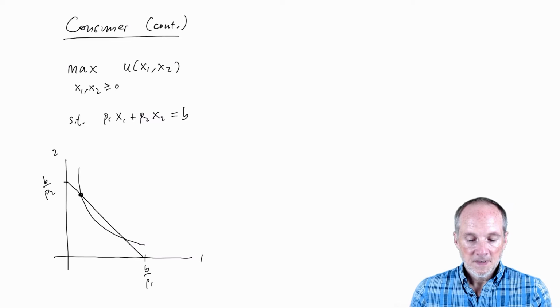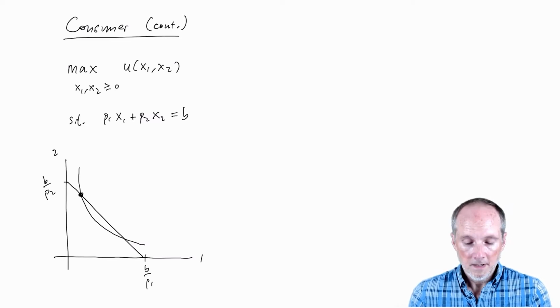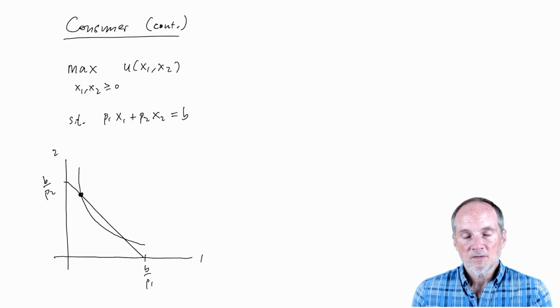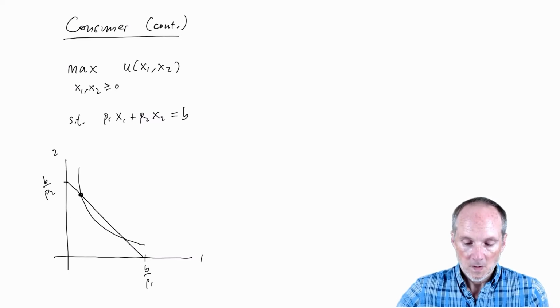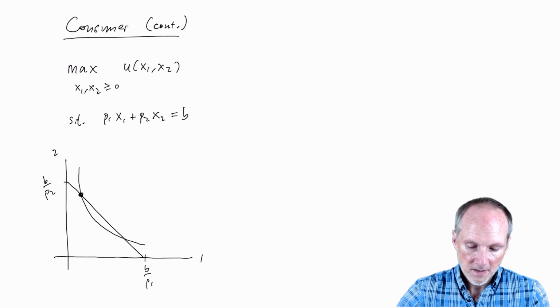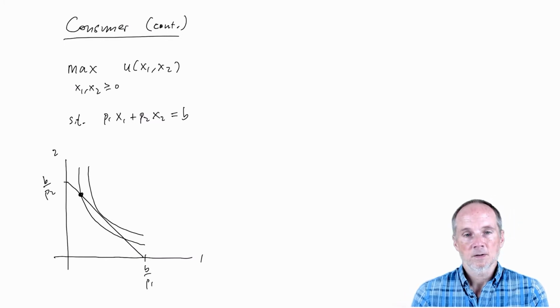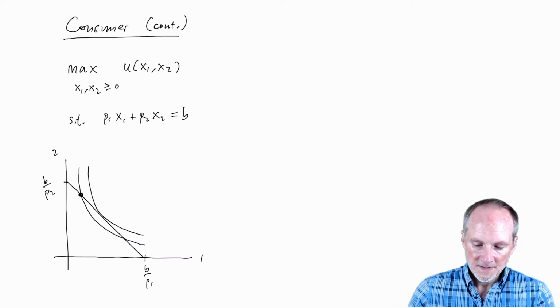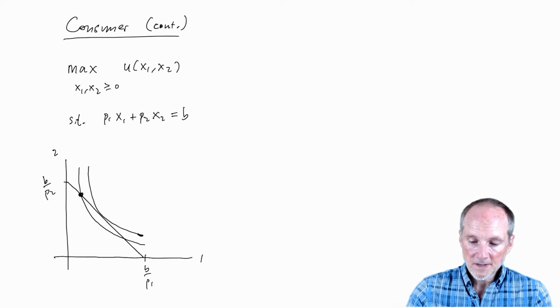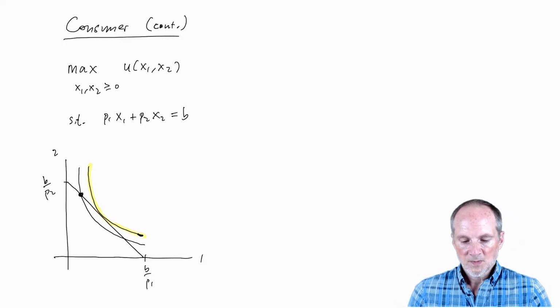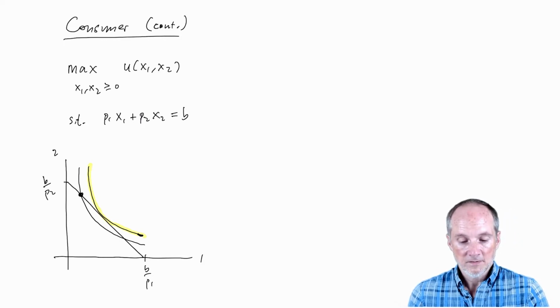That bundle is feasible. It's in the budget set. In fact, the consumer's spending all their money on it, but it's not optimal for the consumer. Why is that? Well, assuming monotonic preferences, if I draw in another indifference curve for the consumer, the second indifference curve that I've just drawn here, this corresponds to a higher level of utility.